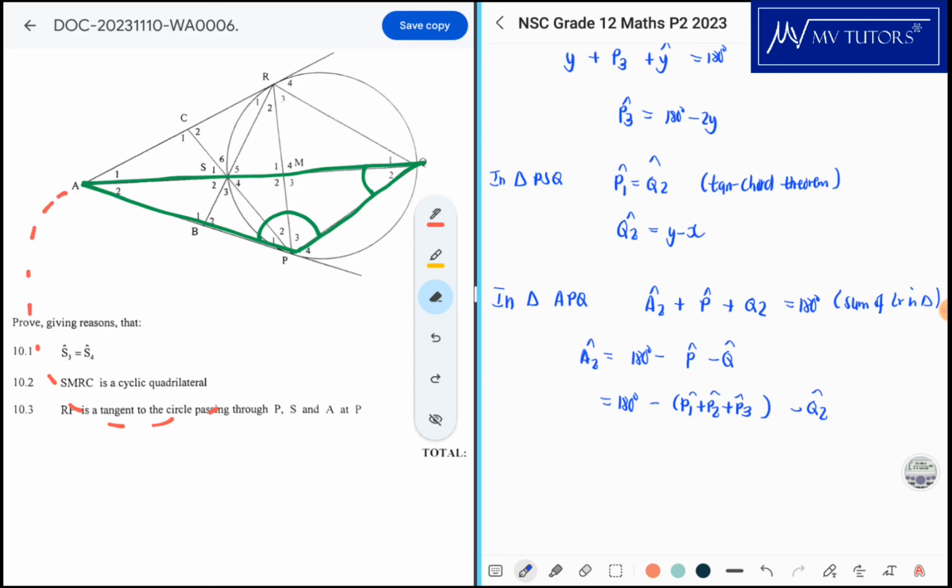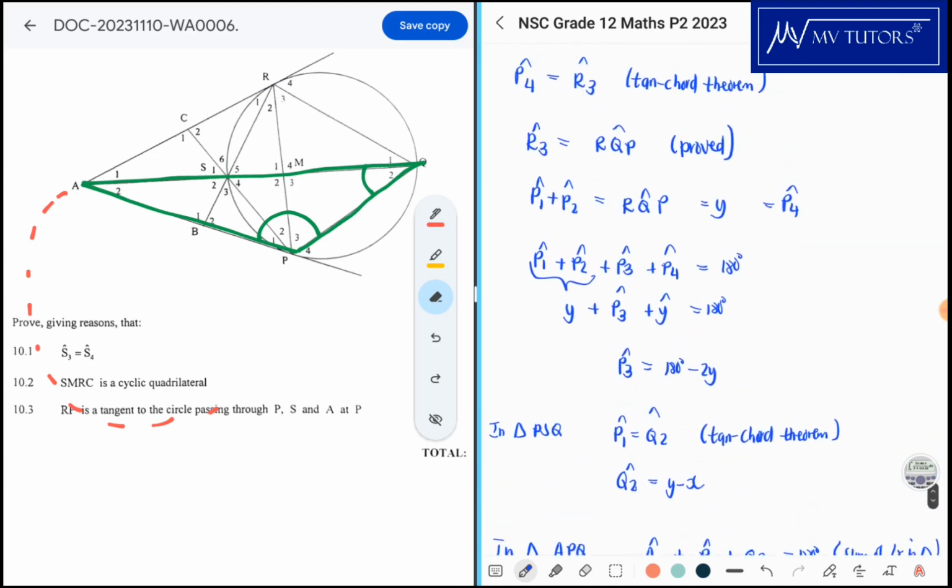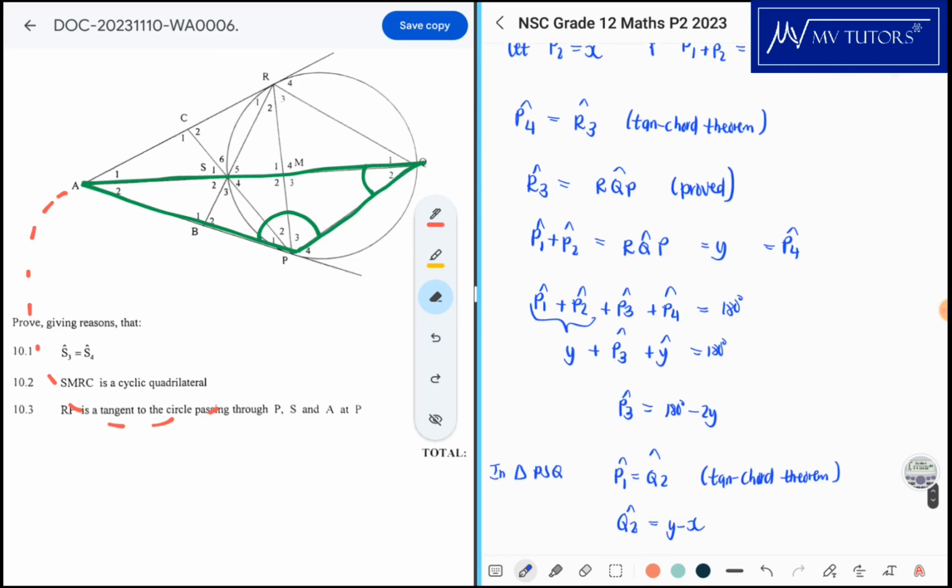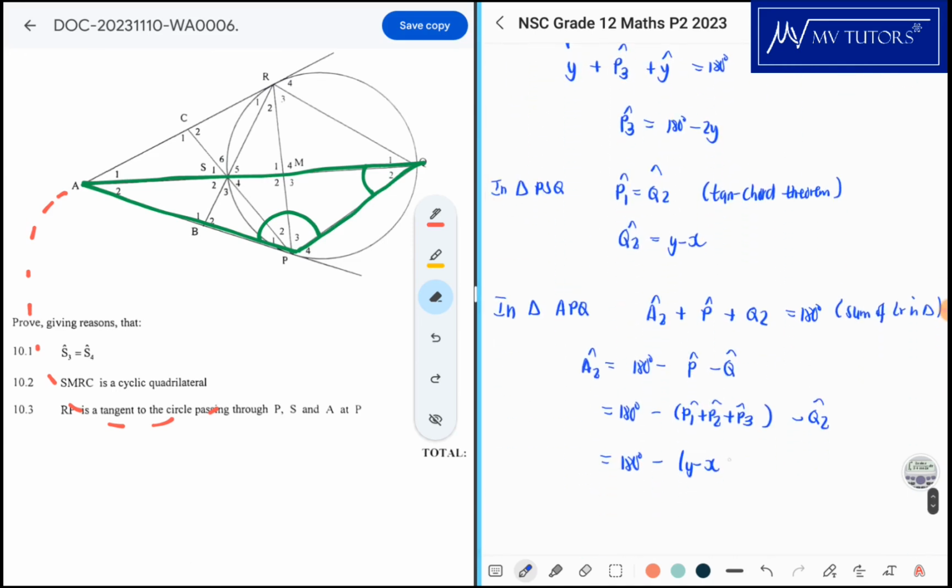Now, what is P1 and P2 and P3? P1 is Y minus X. P2, we said it's X. Remember, we gave it X. And P3, we said is 180 minus 2Y.